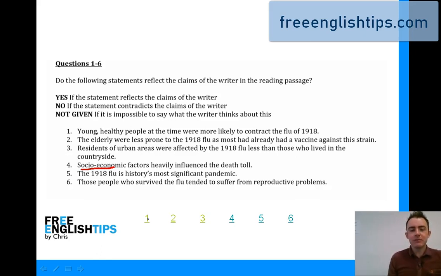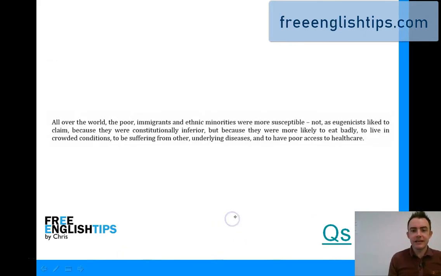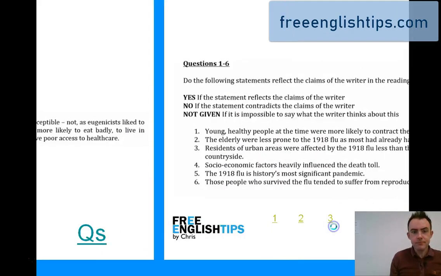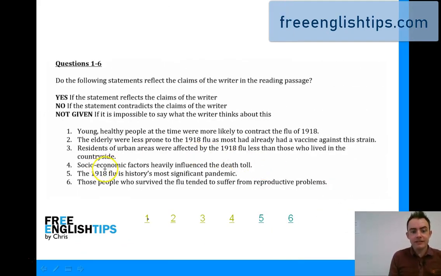And I remember something about that in this section here, which says that the poor and ethnic minorities, so the poor, the immigrants and ethnic minorities were more susceptible. Okay, so let's look at the question, and the question says socioeconomic factors heavily influenced the death toll. Alright, so it influenced it strongly. Therefore, the answer to this question is yes.